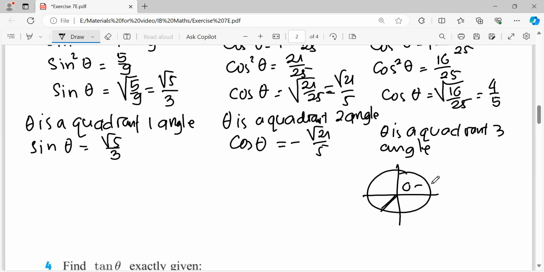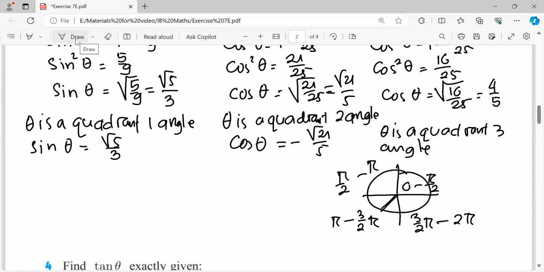Quadrant 1 is 0 to pi over 2, quadrant 2 is pi over 2 to pi, quadrant 3 is pi to 3 over 2 pi, and quadrant 4 is 3 over 2 pi to 2 pi.